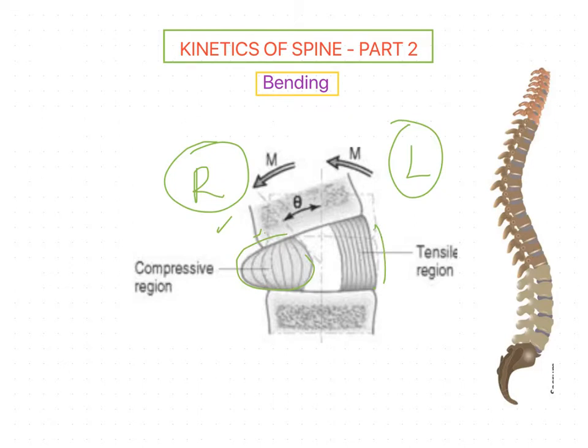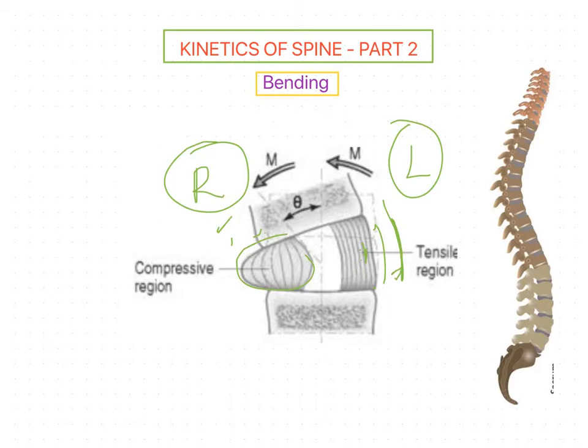Therefore the contralateral fibers of the outer annulus fibrosus and the contralateral intertransverse ligament help to provide stability during lateral bending by resisting extremes of motion.